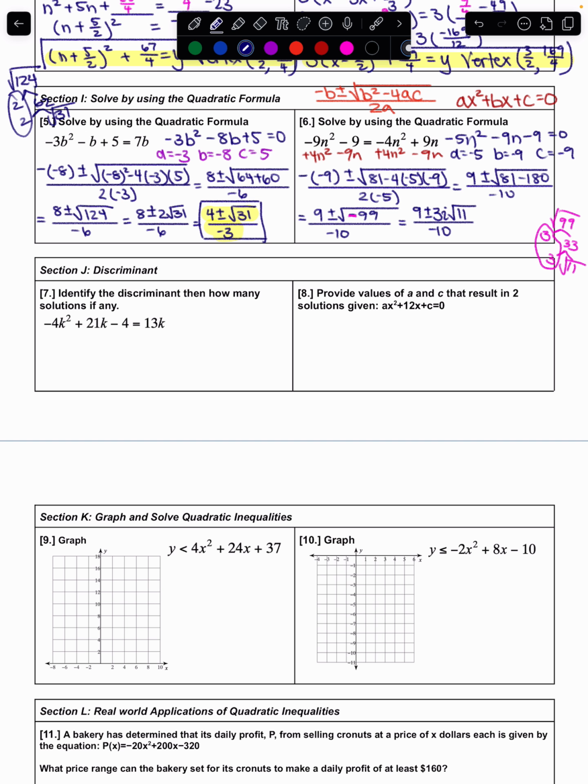Let's go ahead and double check. 9, 3, and negative 10, they don't have a greatest common factor. They're not even, and so we cannot simplify this any further. Inside my radical is a prime number, so I am good. And I have that i because of that negative in the radical. Let's go ahead and box our final answer.